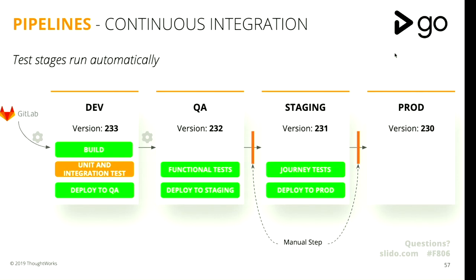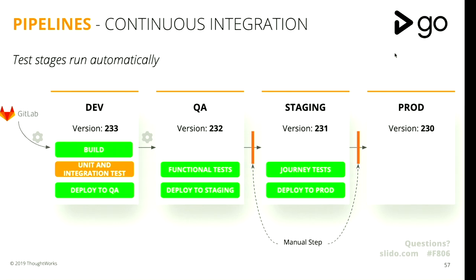So these blocks are called environments. In our scenario, we've got the dev environment, the QA for the tester to do some more work on it, and then staging, which in our case is something where we'd like to demonstrate to the business what we've done, and then we've got production. So what happens? We have our source Git repository, which is GitLab here.